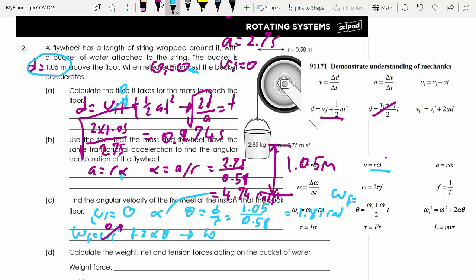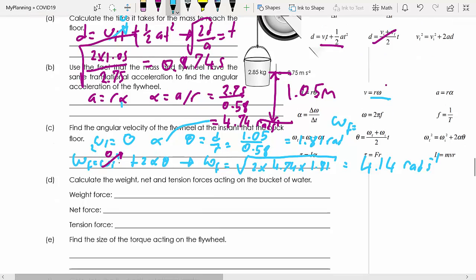I can just say the final speed of what I'm looking for equals the square root of 2 times the angular acceleration, 4.74, times the angular displacement of 1.81. If we chuck that into our calculator, 2 times 4.74 times 1.81, square root, gives me an answer of 4.14 radians per second.